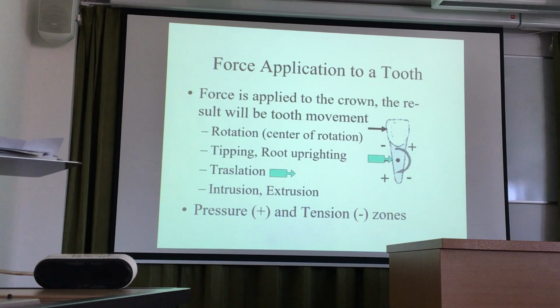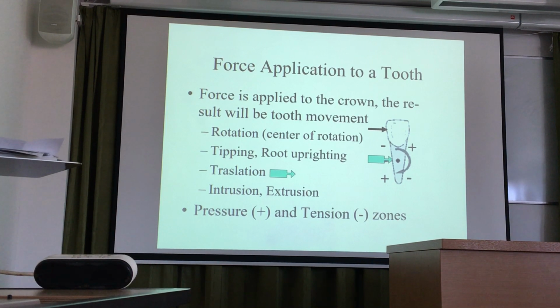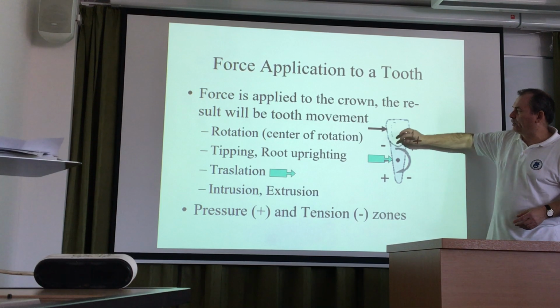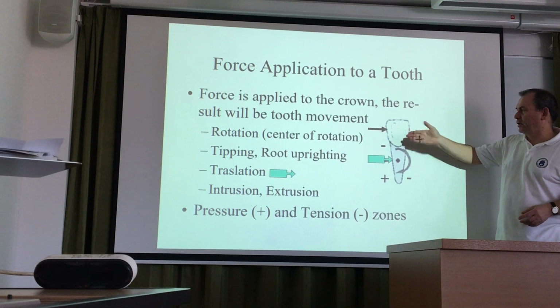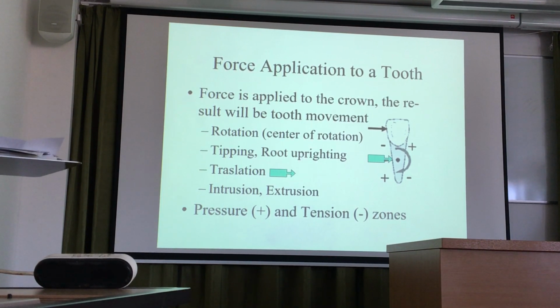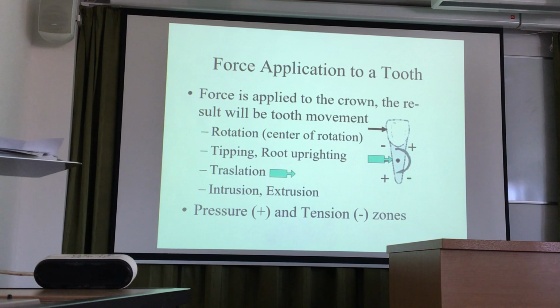So you can move the whole tooth bodily. It depends on the position and the extent of the force application, the surface. So these are special techniques in orthodontics, okay?